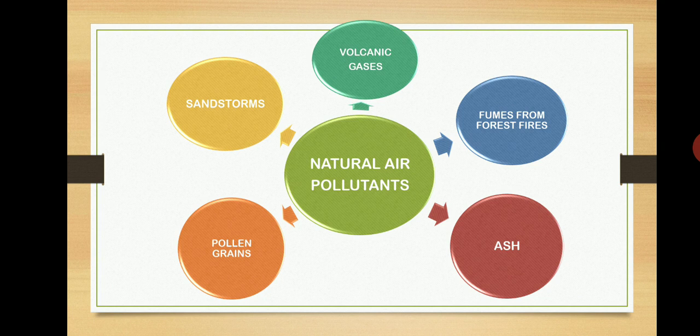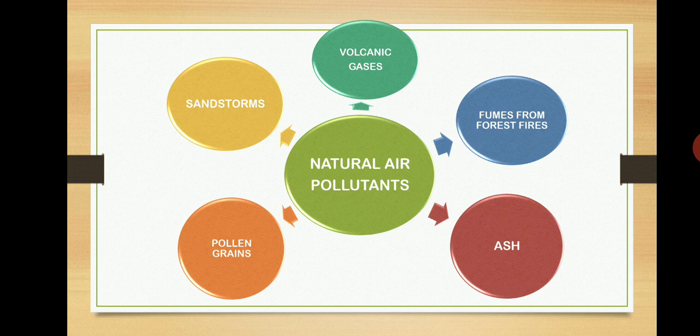Let's look at natural air pollutants first. Like I had shown you earlier, it includes pollen grains from plants like flowers, okay. Then you have sandstorms, which usually you will find in the desert because the sand is there. Volcanic gases will come out of volcanic eruptions, fumes from forest fires, and ash, okay. Ash can come from anything that burns, okay.